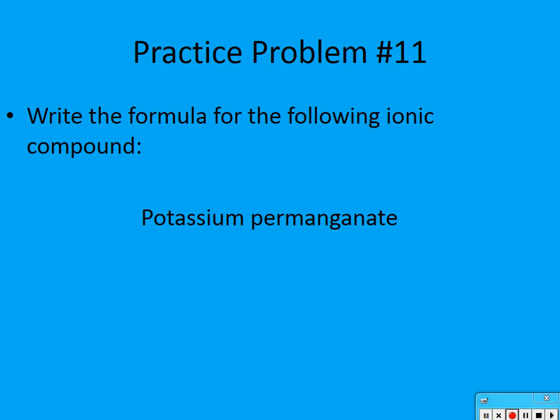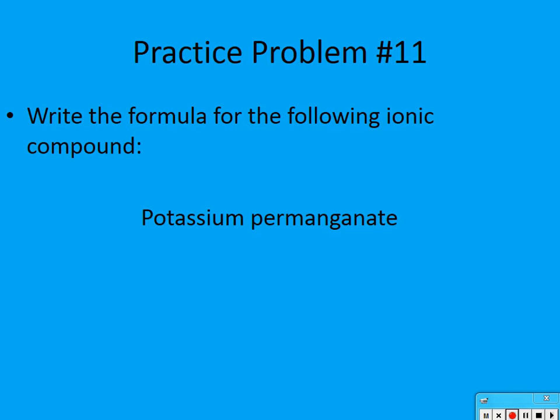Practice problem number 11. This one gives us the name, and it wants us to write the formula. So, potassium permanganate. Let's remember back from last class period, what's the first step if it gives you the name and wants you to come up with the formula? Put the charges above the name.